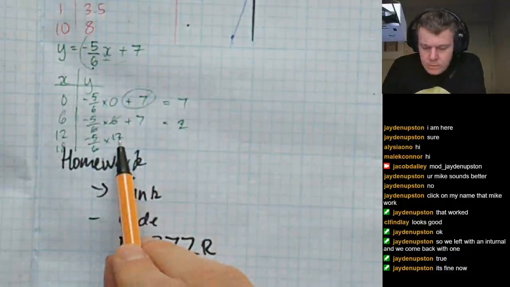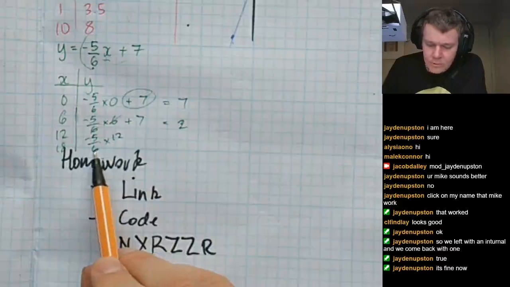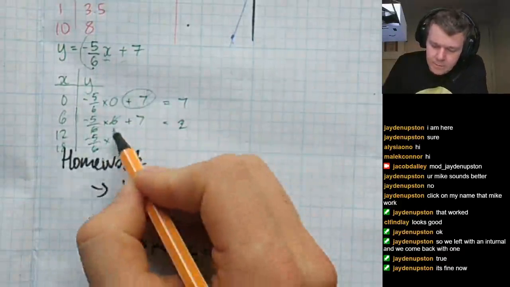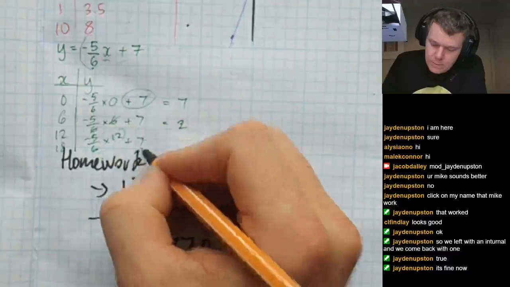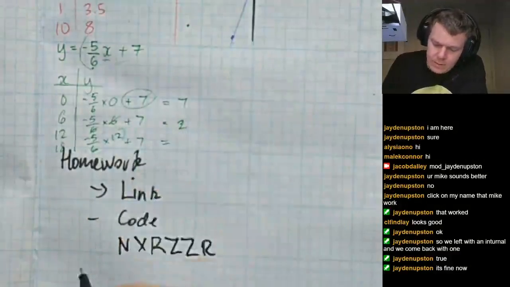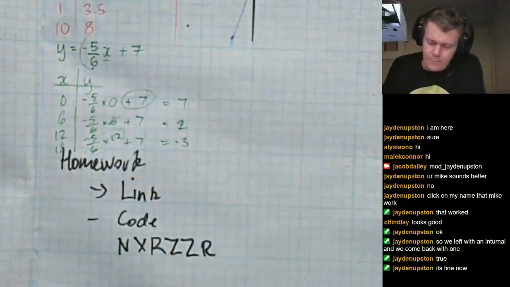So 12 divided by 6, that's 2. So -5 times 2 plus 7 equals -3.